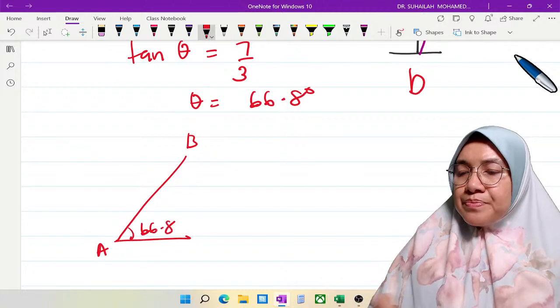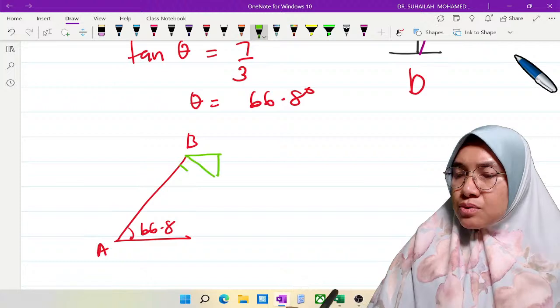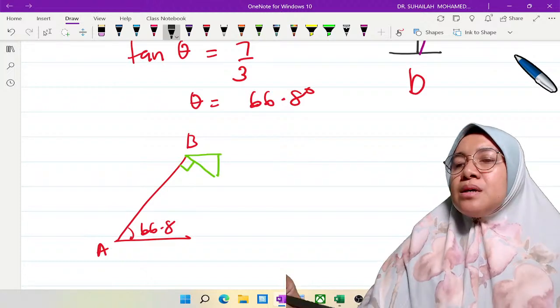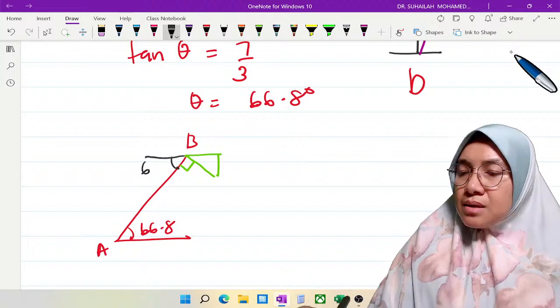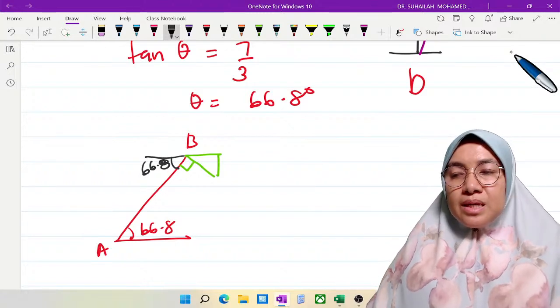66.8 means that the triangle is here. This is 90 degree, so this triangle. Here is 90 degree. So where is the 66.8? It is here, 66.8.